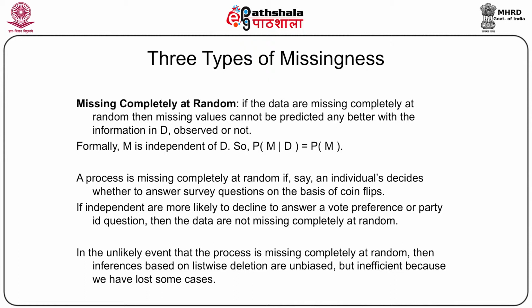In the unlikely event that the process is missing completely at random, then inferences based on list-wise deletion are unbiased, but inefficient because we have lost some cases.